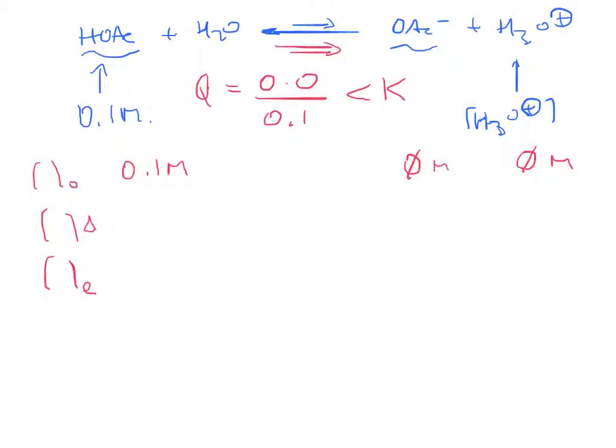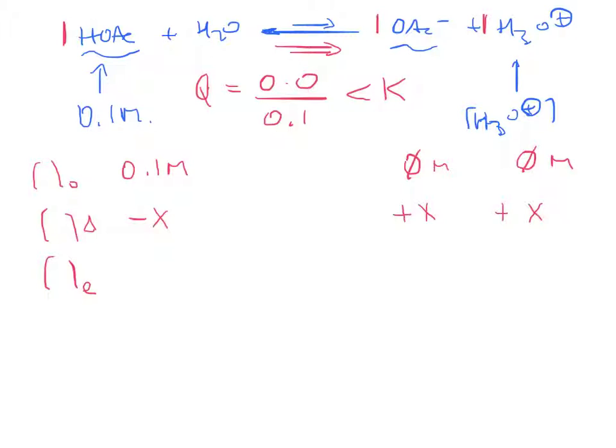So, as the acetic acid concentration decreases, let's say that the concentration decreases by a unit x. This means, from the stoichiometry, that the concentration of acetate ion will increase by x, and the concentration of H3O plus will also increase by x. You can see this from the stoichiometry because we have a 1:1:1 ratio of acetic acid, acetate and H3O plus in solution.